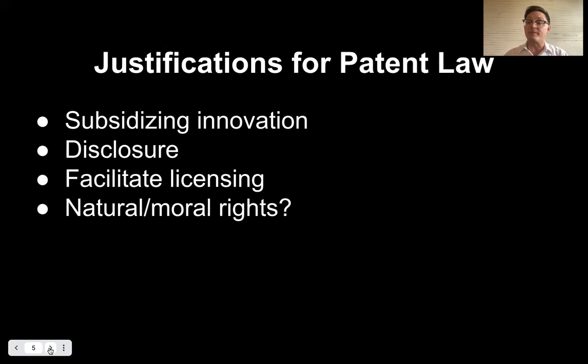And then finally, there might be concerns about natural or moral rights. In other words, when you've invested the time and labor in generating an invention or discovery, does and should the law recognize any sort of natural or moral rights in the invention or discovery simply by virtue of you having discovered it? Not in relation to the consequentialist goals of the other justifications, but purely in light of the fact that you have brought this to light and invested in its production.